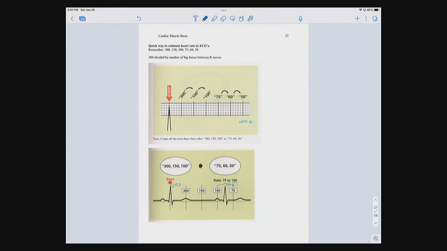There's an easier way to look at an ECG and very quickly determine what the heart rate is. The way you do it is you memorize these numbers here: 300, 150, 100, 75, 60, 50. Just get that in your mind. Once you have that down, you have a very quick way of determining what someone's rate is.